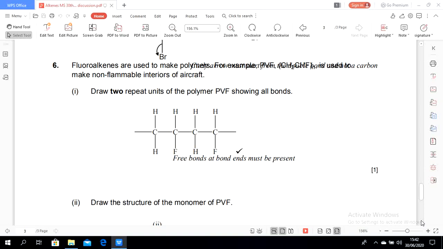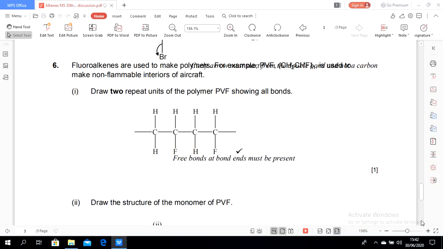From this, CH2CHF must have a double bond. Why does it have a double bond? Because in CH2CHF, there are 3 atoms on one carbon.